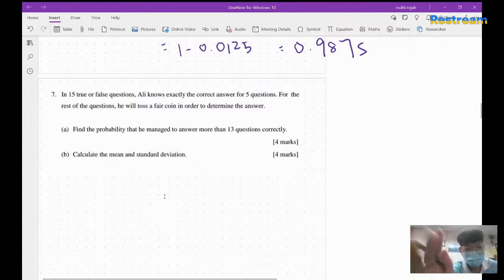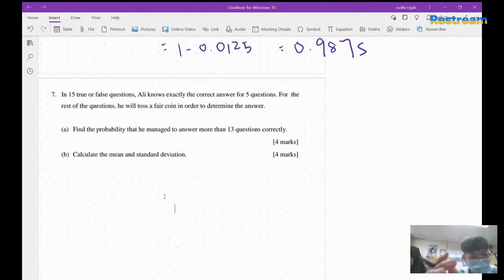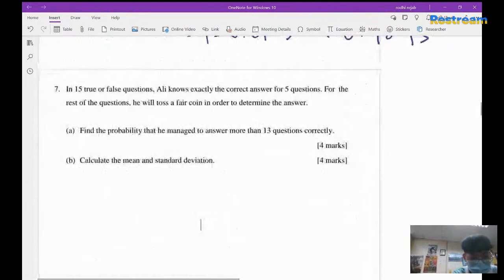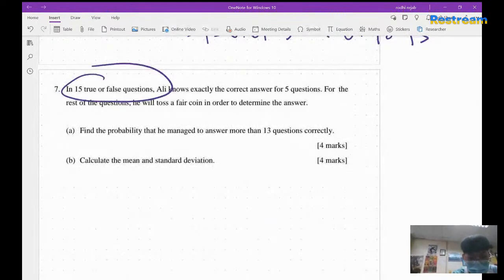Okay, so basically for this question, it asks: in 15 true or false questions, Ali knows exactly the correct answer for 5 questions. For the rest of the questions, he will toss a fair coin in order to determine the answer. So they give us a condition already, which is that in these 15 questions, he already knows 5 answers.